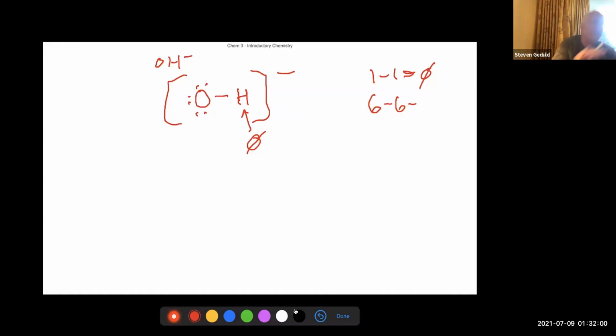We have 2 electrons in that bond, but it's one bond. We're subtracting every electron that's not in a bond, and then the number of bonds, minus 1 bond. And that comes out to minus 1. So the formal charge on oxygen is minus 1. And here's your charge right here. That's why the compound has a minus 1 charge.